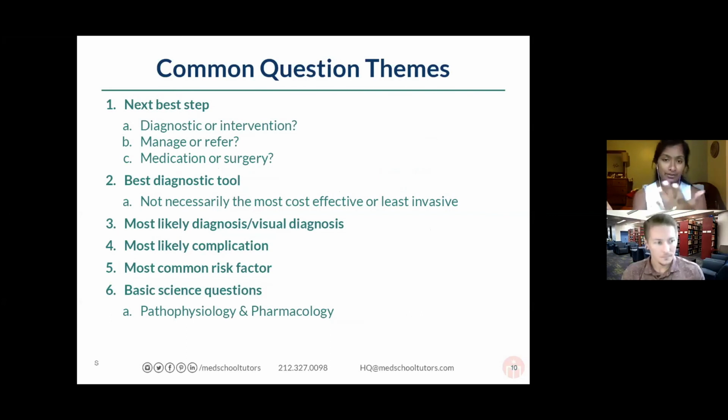As we were mentioning, we alluded to this, but what you should be expecting to see as far as the questions, one of the most common ones is what's the next best step? So you have a patient who comes in with a certain presentation, which gives you an idea of what the presentation might be, and then, okay, what's the next thing I'm going to do? Do I need to scan them? Do I need to get a biopsy? Do I need a consultant? Do I need to go to surgery?